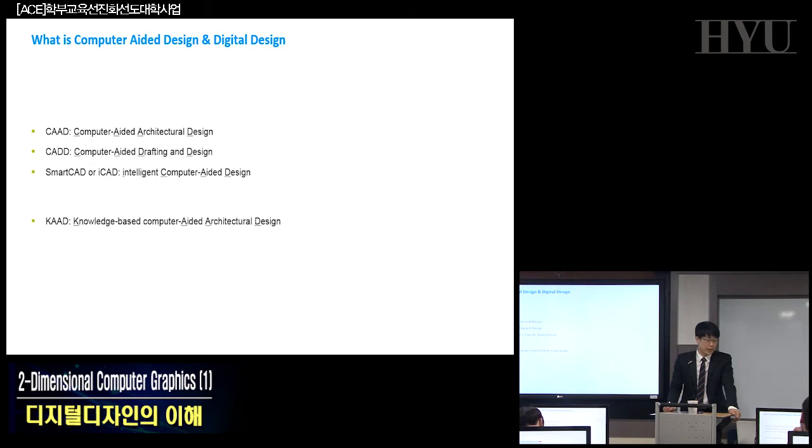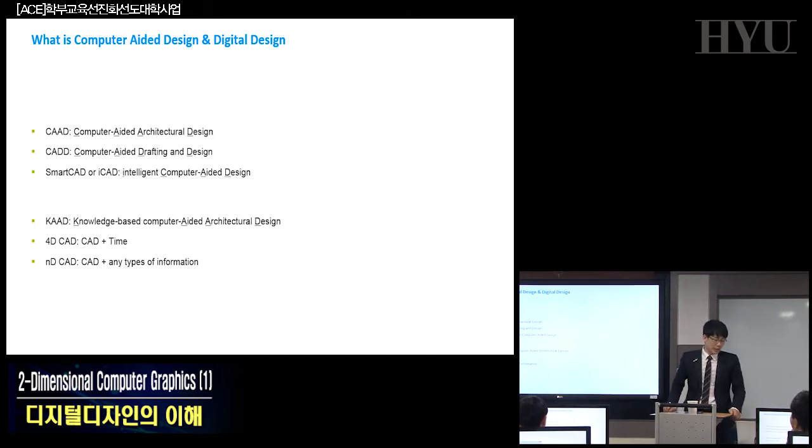Sometimes we call it knowledge-based CAD. That's why KCAD. And we can append more information. If it's time, we usually say it 4D CAD. Even more information, cost or some process can be appended. So that is why we can define it, ND CAD.